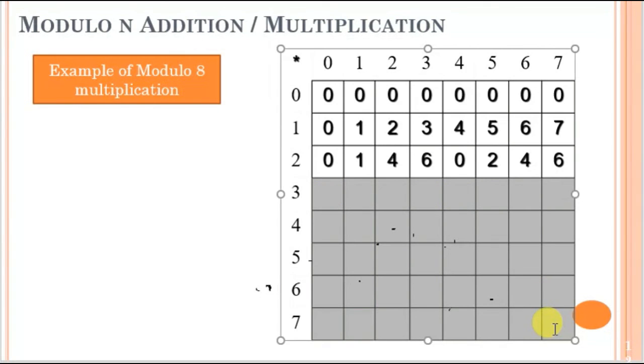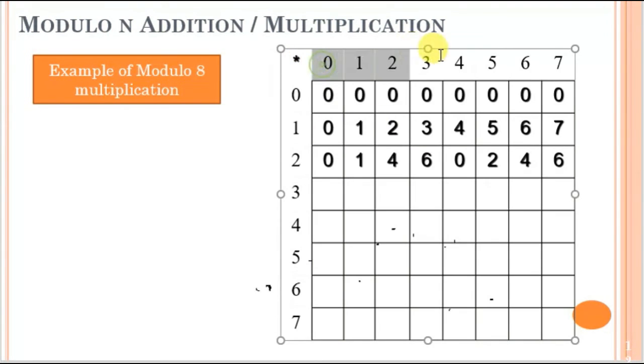After that, first we check which row the top row elements match. Here in this table, the top row matches with the second row of this table. So the identity element is 1.